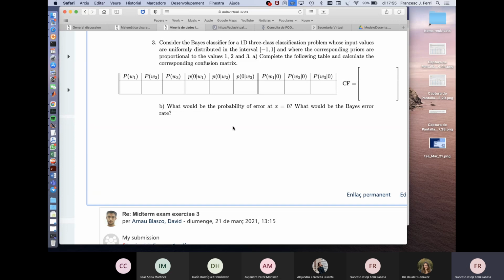We don't have data. We only have a description of the problem. So the only matrix we can refer to in this case has to be what we call the normalized confusion matrix, in which what we put here has to be rates or probabilities.